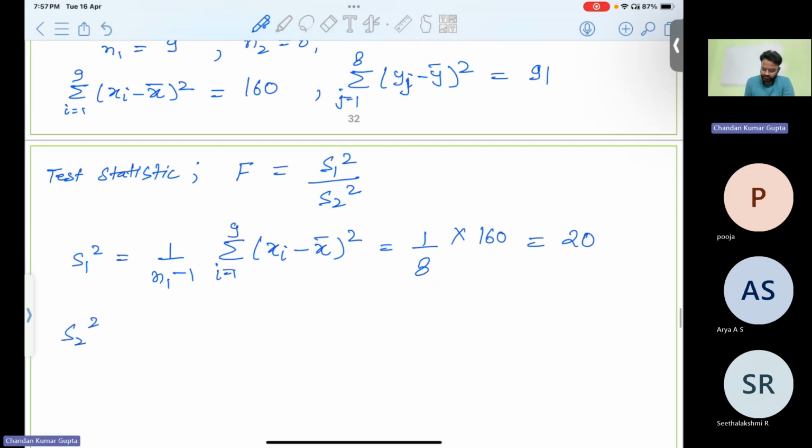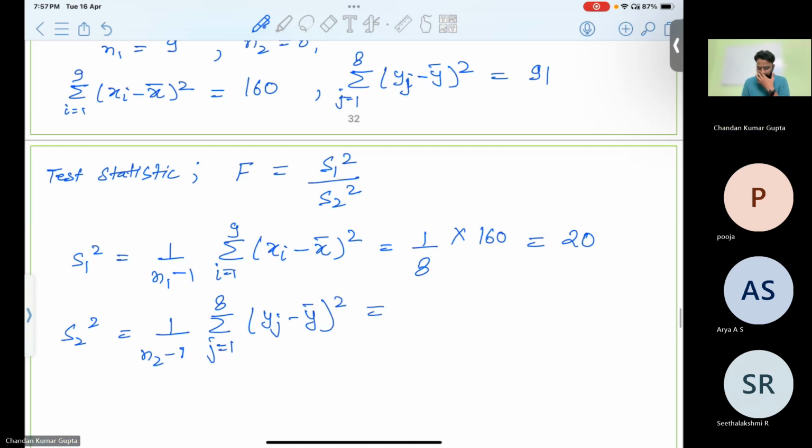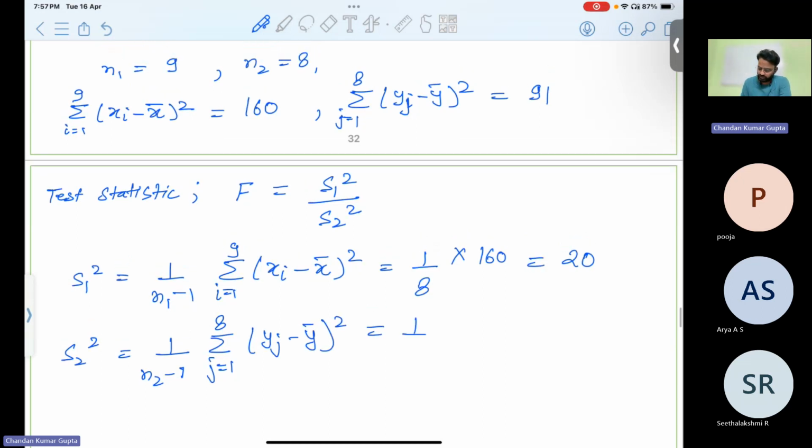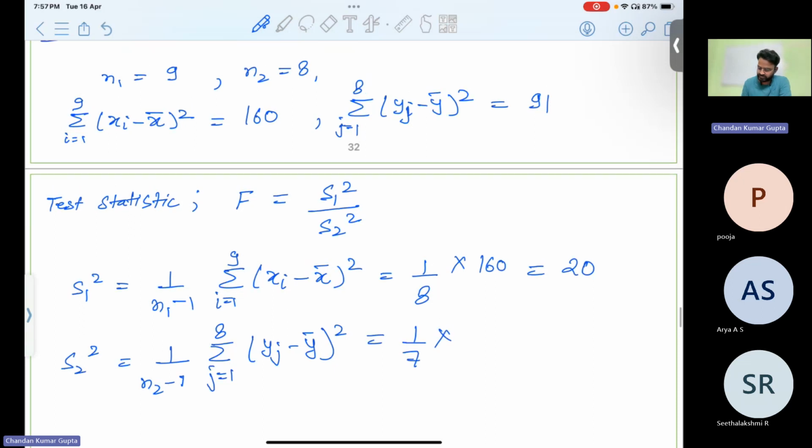Similarly, s2 square is 1 upon n2 minus 1, that is 1 upon 7, into 91. So this comes out to be 13.